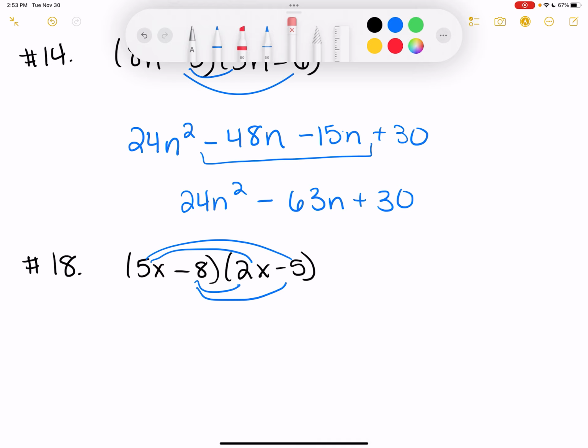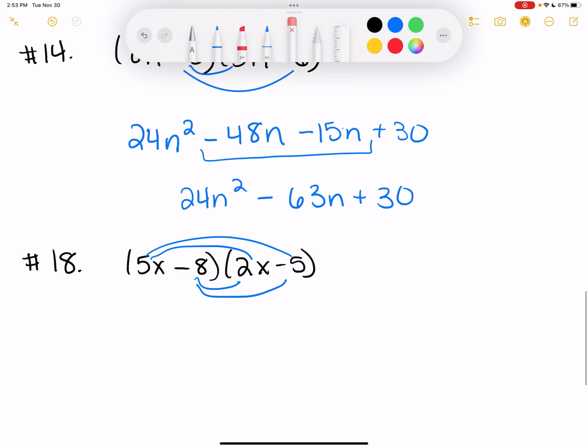5x times 2x is 10x squared. 5x times negative 5 is negative 25x.